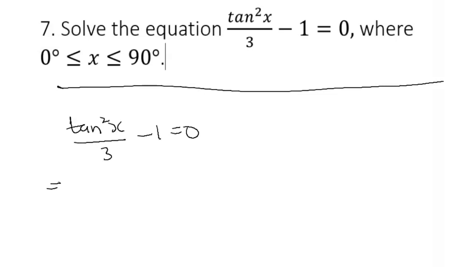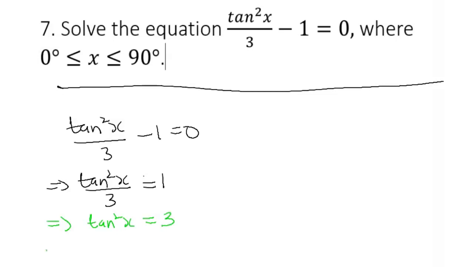So first send this one to the right hand side. So we have tan squared x on 3 equal to 1. This implies that we can cross multiply. So tan squared x is equal to 3.